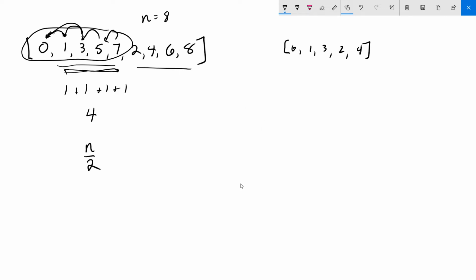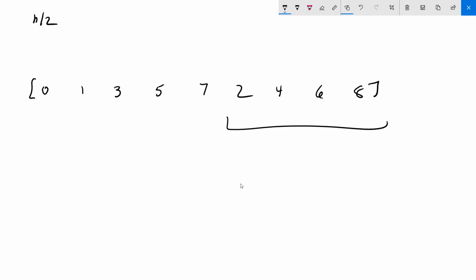So let me copy this down here so that we've got some room to work. Okay, remember that, n over 2. So it was 0, 1, 3, 5, 7, 2, 4, 6, 8. Now let's deal with the even numbers.